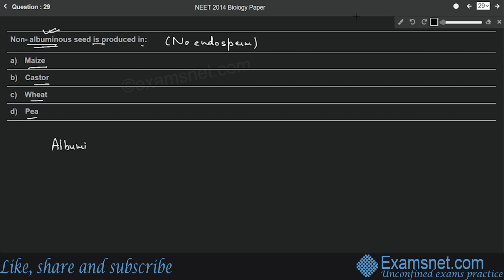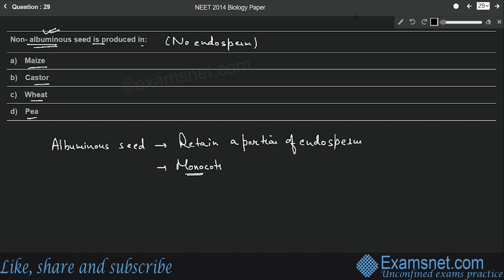Albuminous seeds are the seeds that retain a portion of the endosperm, and we know that endosperm predominates in the monocots. So albuminous seeds are found in monocots, for example castor, maize, wheat, coconut, etc.